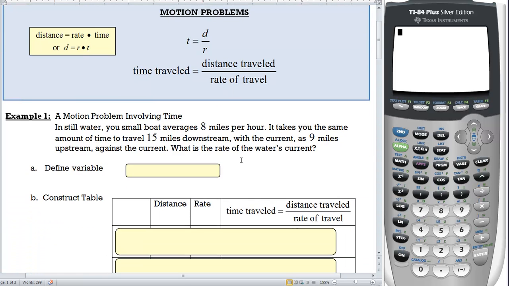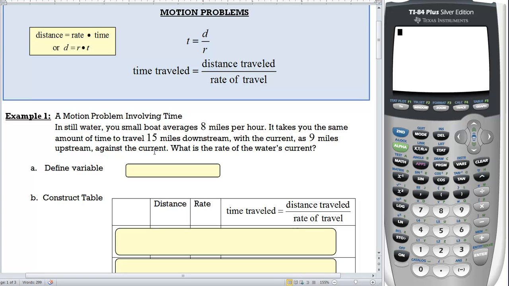So in our example here, in still water, your small boat averages 8 miles per hour. So if you do not have a current of any sort, you go 8 miles per hour. But now if you get in a stream or a river, in this particular situation it says it takes you the same amount of time to travel 15 miles downstream with the current as 9 miles upstream against the current.